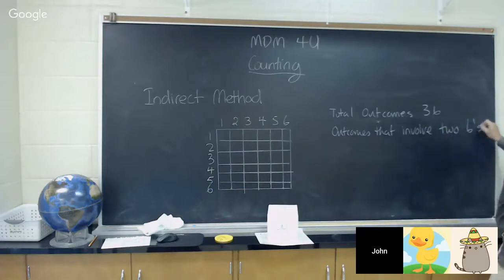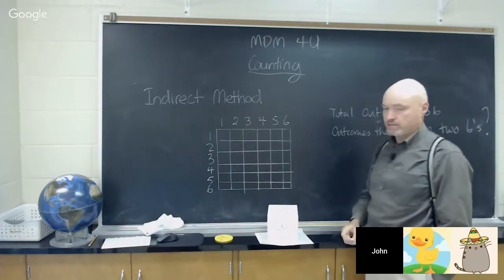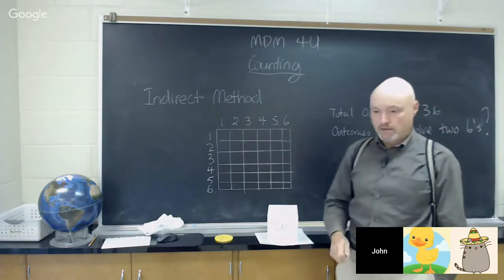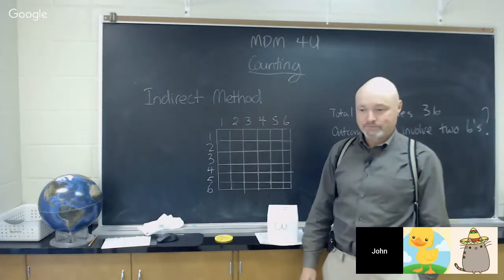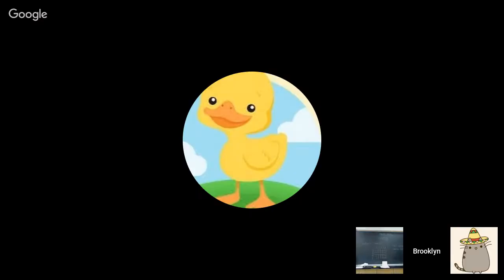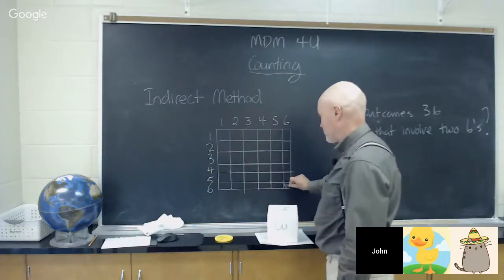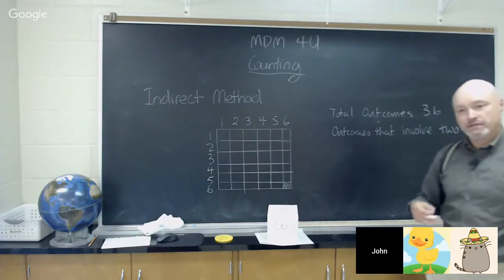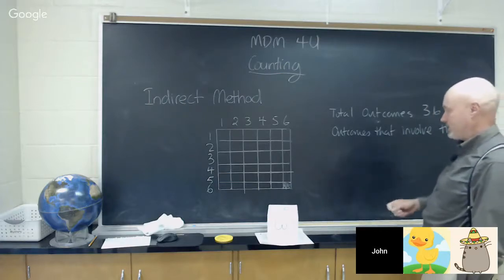Number of outcomes that involve 2 6s. So how many outcomes involve throwing 2 6s out of the 36? 1. That's right. Yeah, there's only one that involves throwing 2 6s. Okay. Now, if this was even more complicated, this is maybe too simple an example.